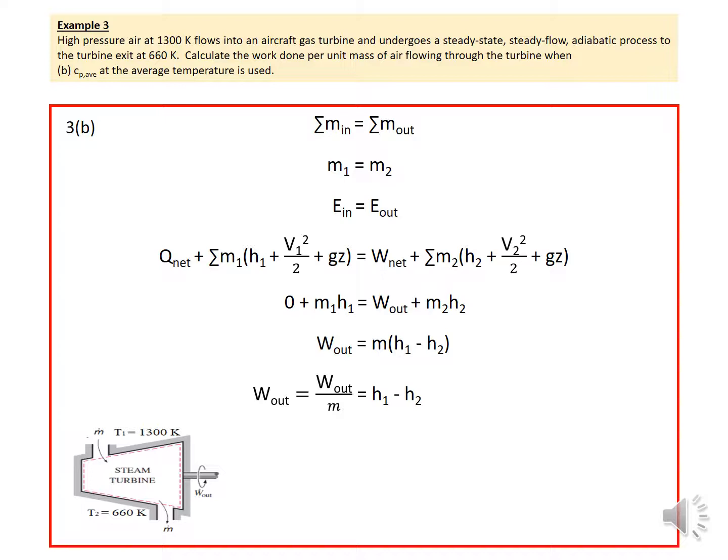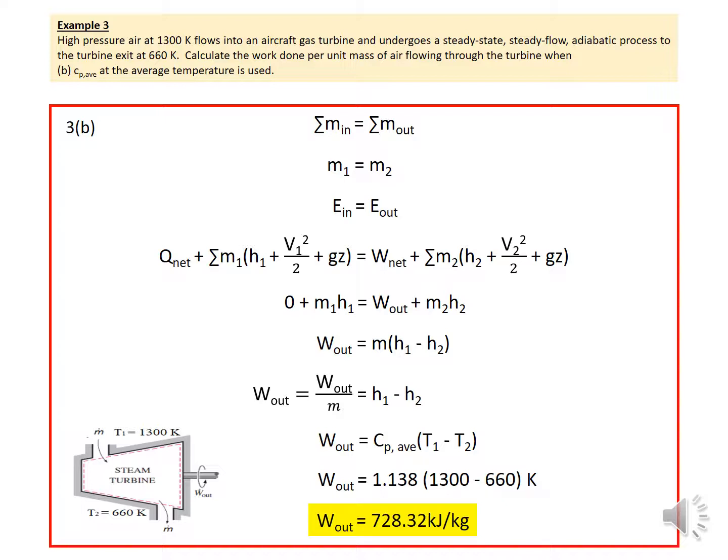So 0 plus M1 H1 equals W out plus M2 H2. W out equals M multiplied by (H1 minus H2), so W out over M equals H1 minus H2. W out equals Cp average times (T1 minus T2). W out equals 728.32 kilojoule per kilogram.